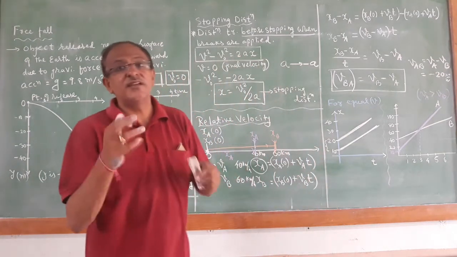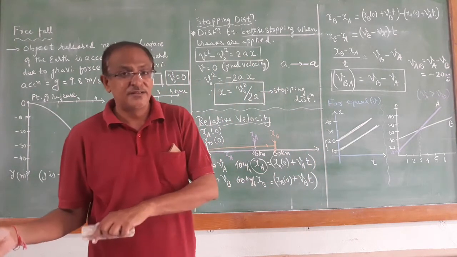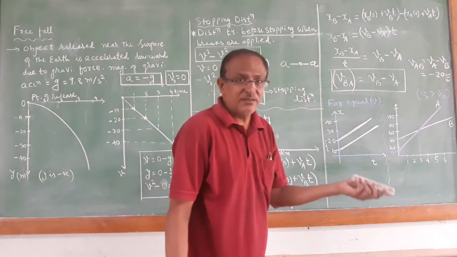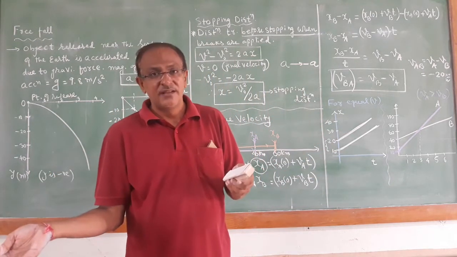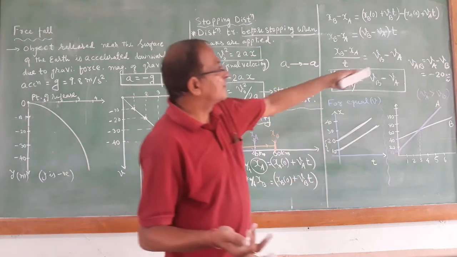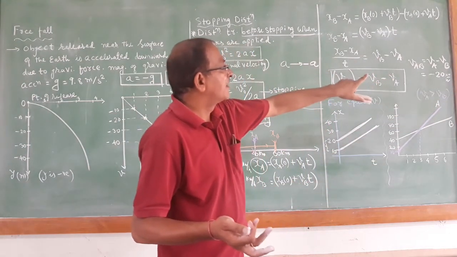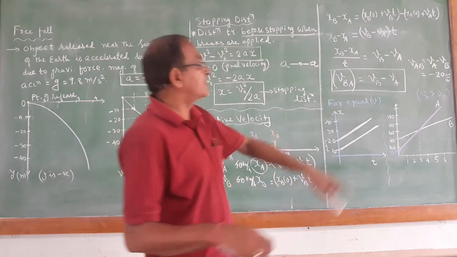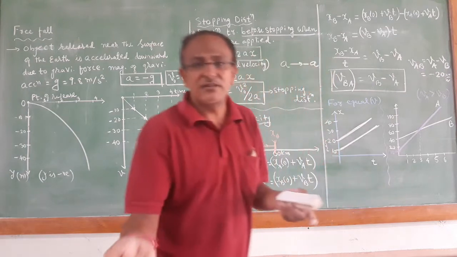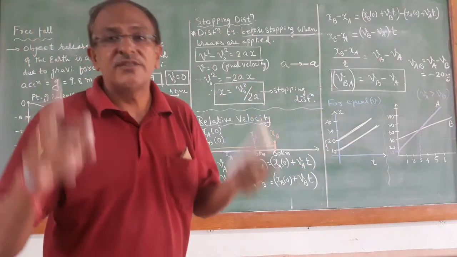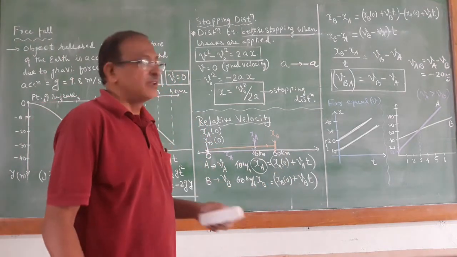It means he is behind, that is in the negative direction from B, or A is behind B by 20 km, we can say. So VA minus VB will give you the relative velocity of A with respect to B, while VB minus VA will give you the velocity of B with respect to A.